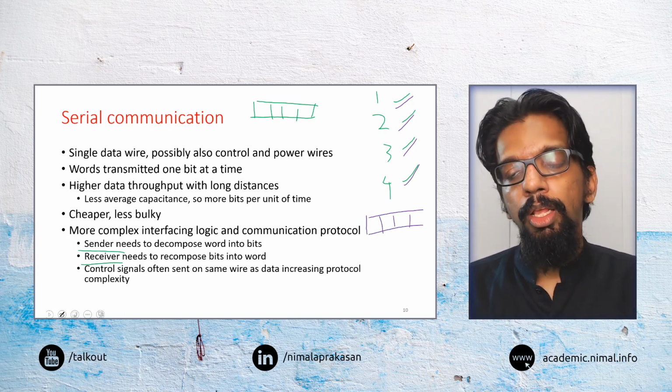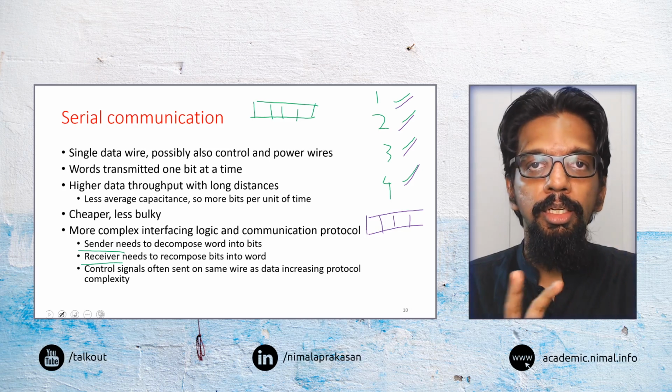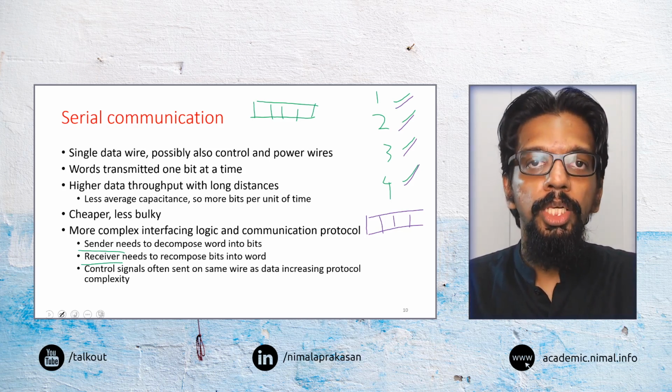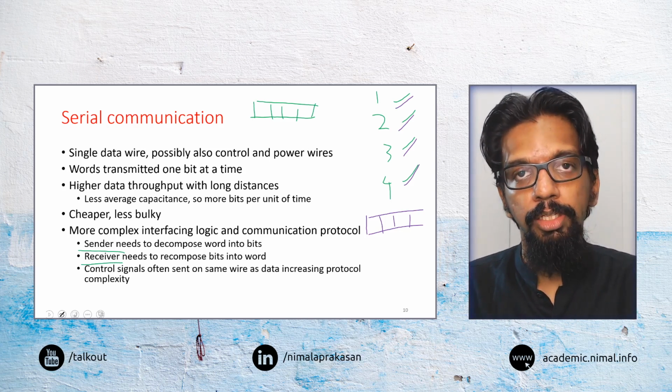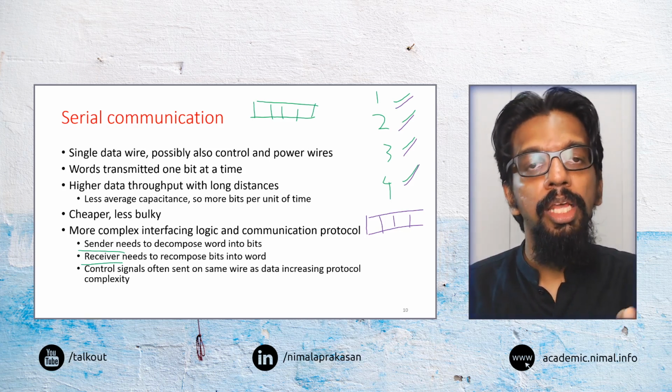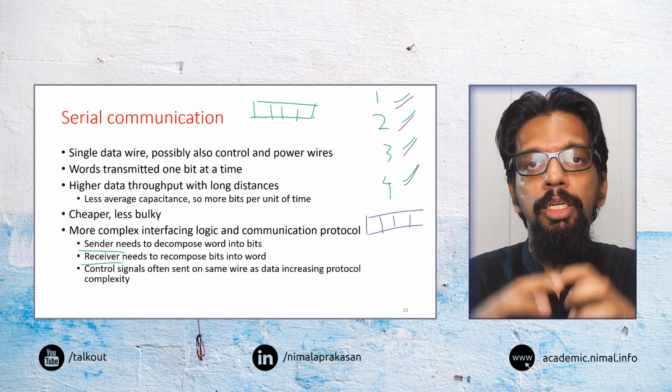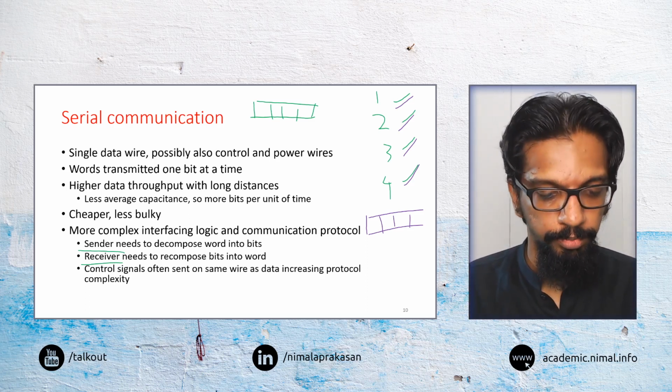So, there will be additional protocol complexity when we have serial communication, even though it has the advantages of being cheaper and less bulky in terms of the hardware implementation.